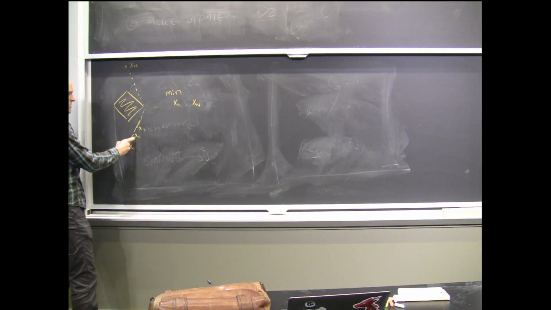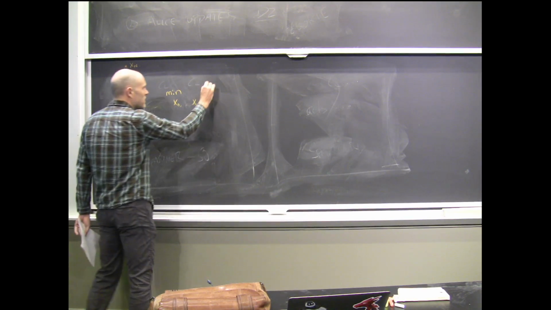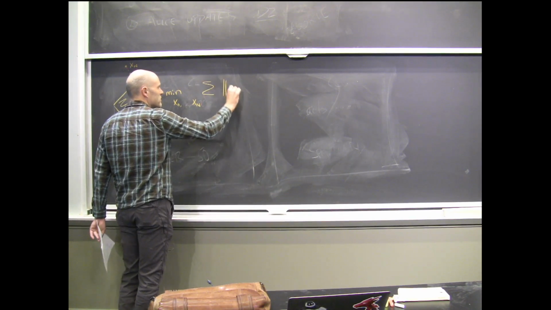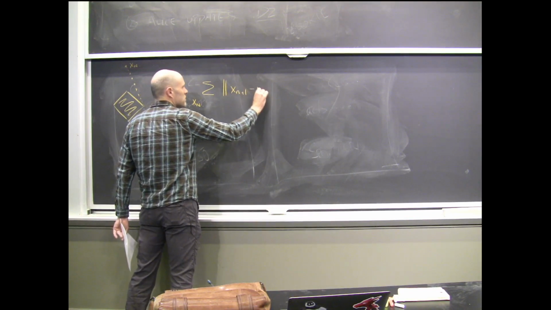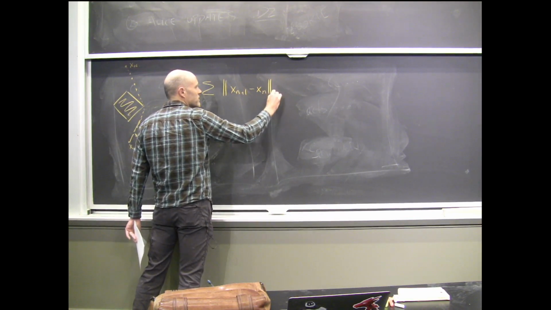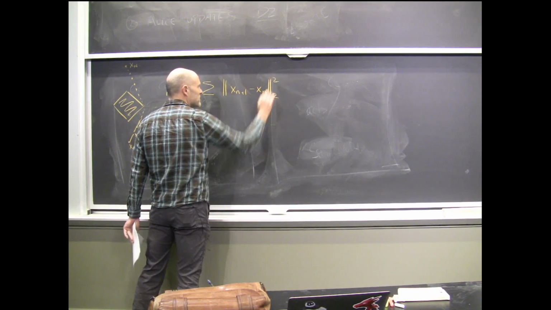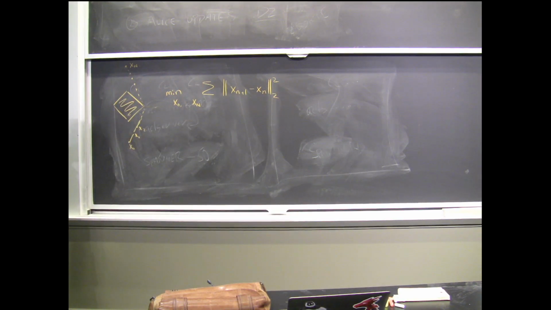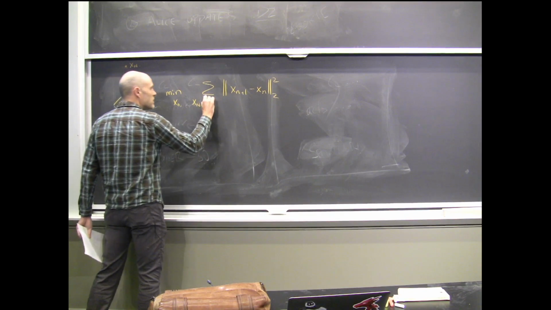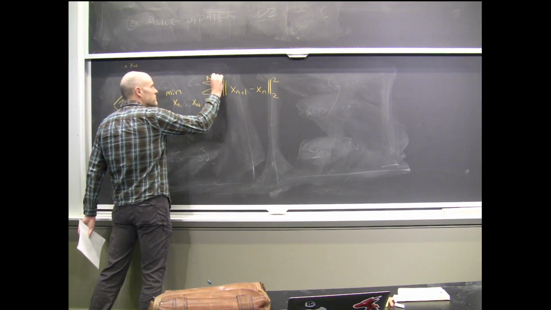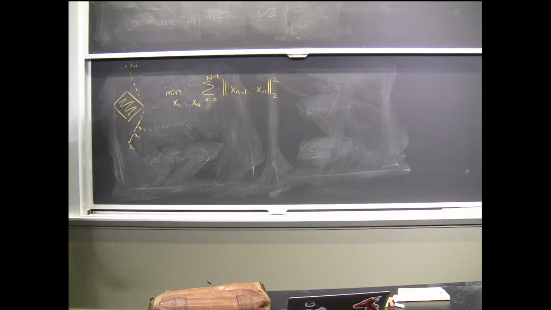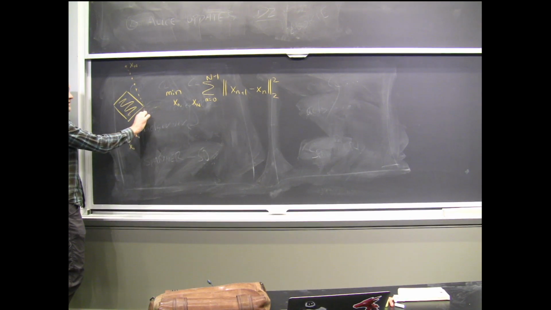Maybe if I want some surrogate for a shortest path, I could just take the distance. Distance squared happens to be slightly better for this problem, so you should do that. That would be penalizing the squared distance between each of these points.